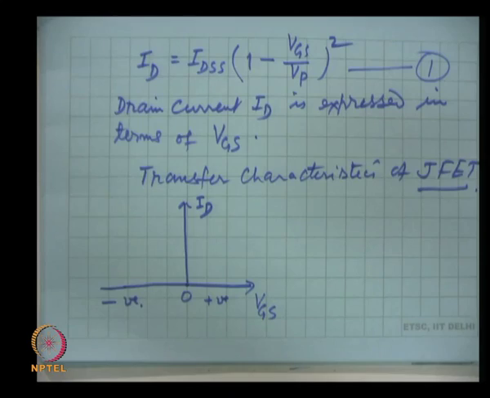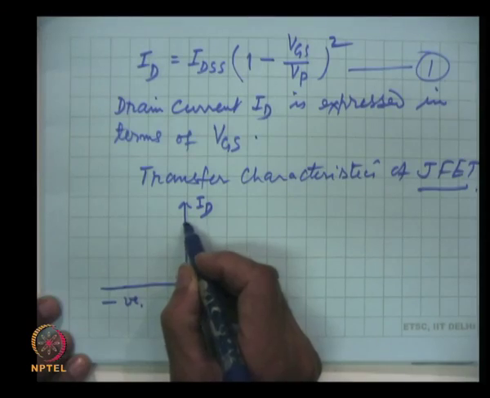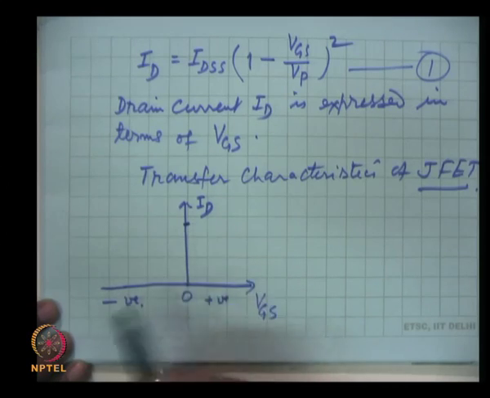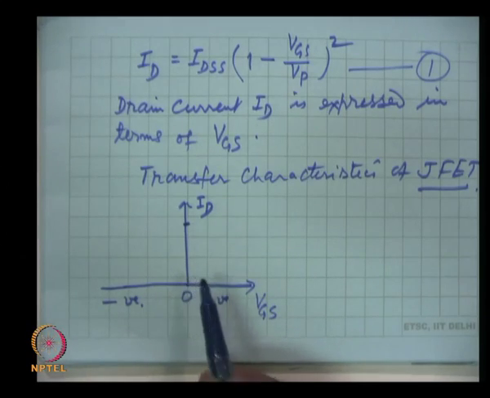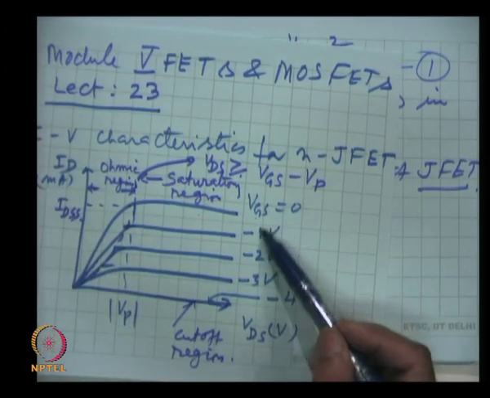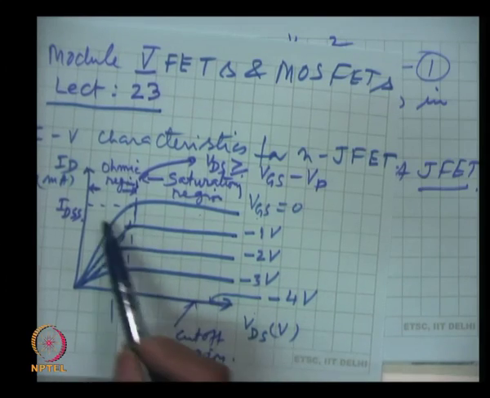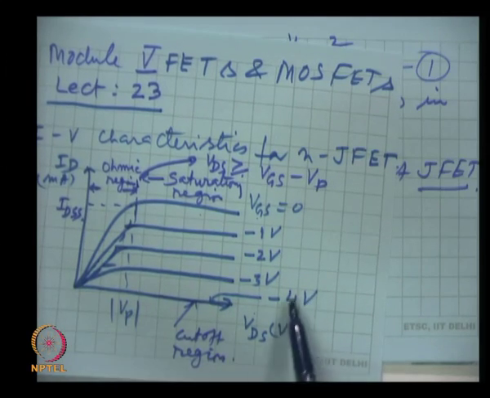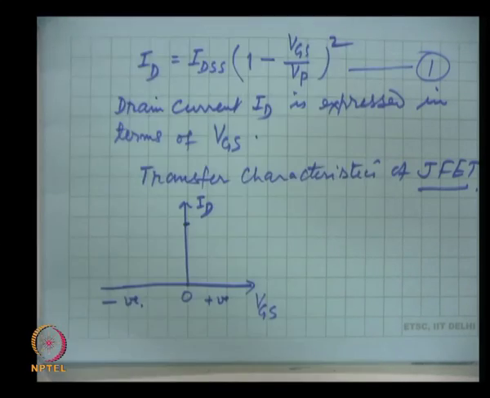Drain current when gate is shorted with the source, that means gate is at 0 potential, that is IDSS, and so this is that current. As we are changing VGS more negative, drain current is falling, and here it is off.